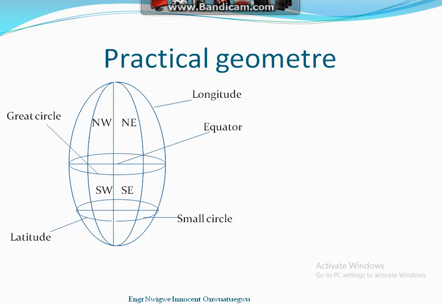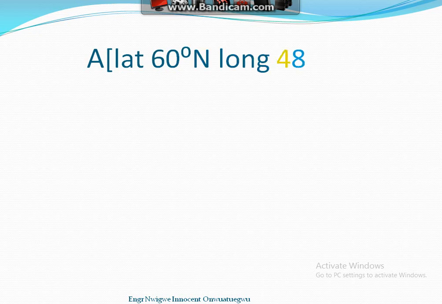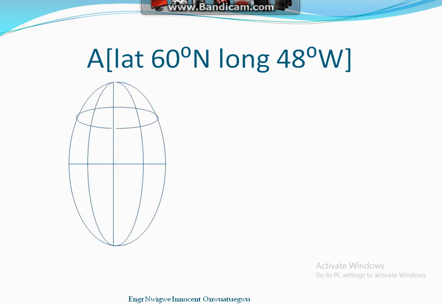Then we have northwest, or we start from southeast, southwest, northeast, northwest. That means we have the east, west, north, and south, the four cardinal points of the Cartesian coordinates. For example, if A is in the location of, in parentheses, latitude 60 degrees north and longitude 48 degrees west, then we measure out the latitude from the equator.